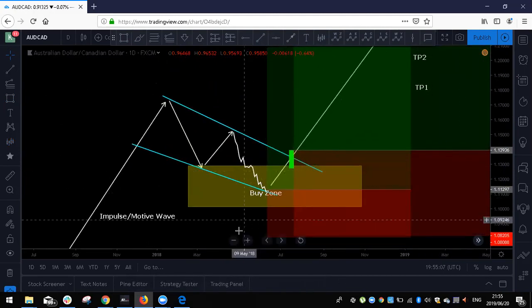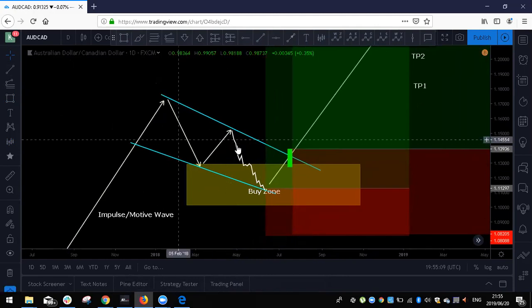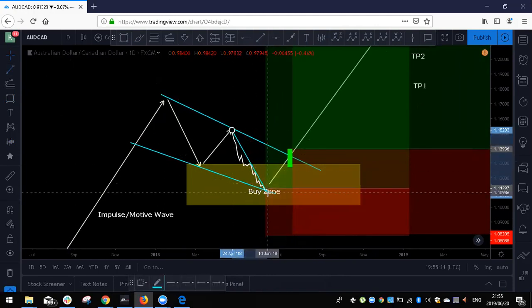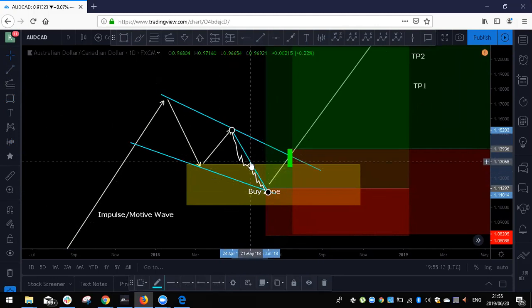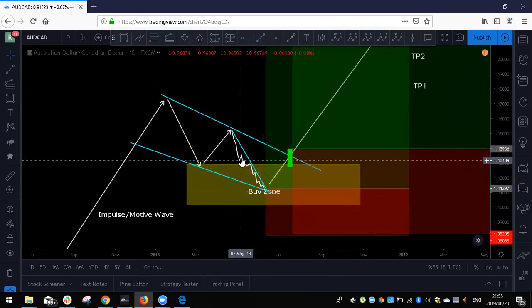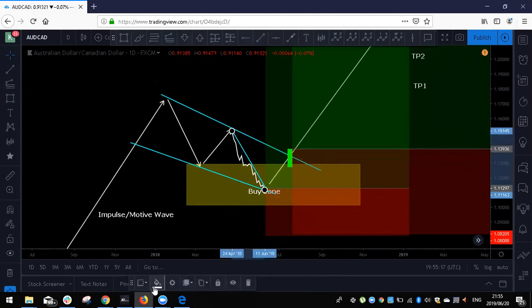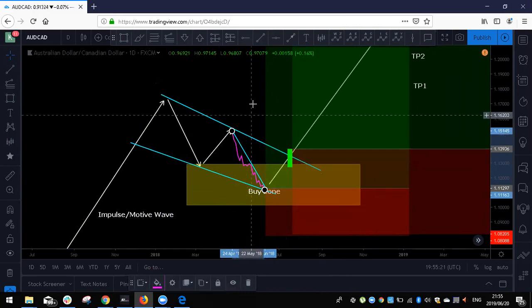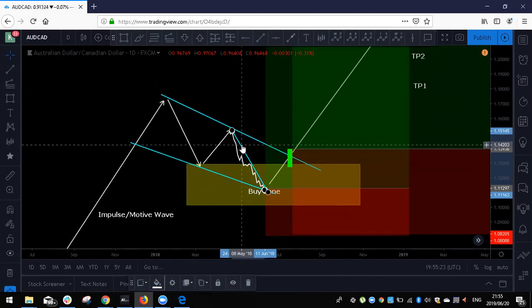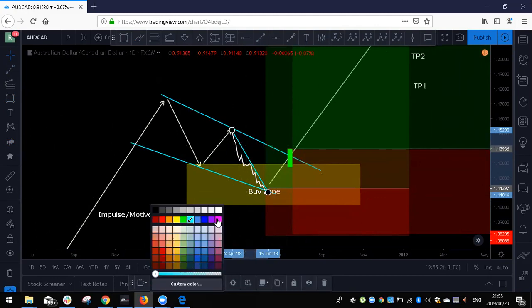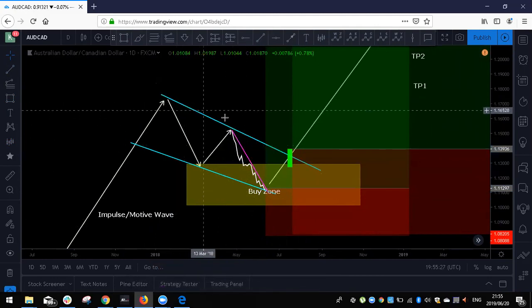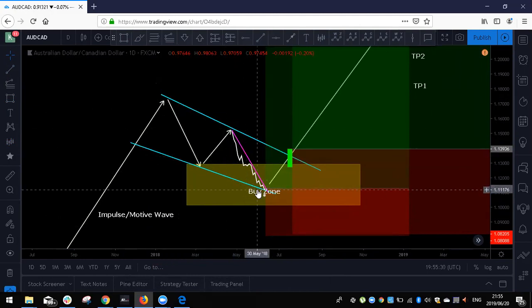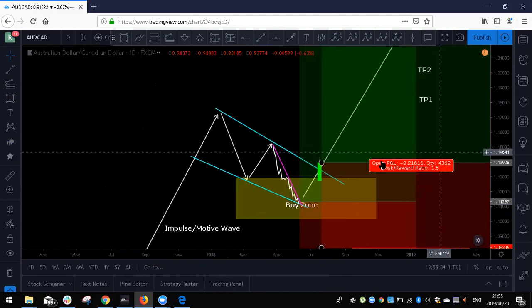Okay. For me to get an early entry, I'll just draw an inner trend line in the structure. Okay, I wanted to make this trend line. Let's say these blue trend lines are from 4 hour, and this pink one is from 1 hour.